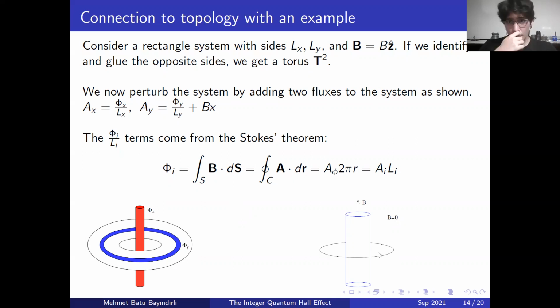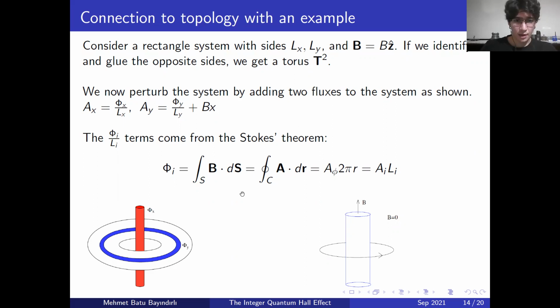So we can assume that our system is a torus. Maybe a bit unphysical, but this is a good way to demonstrate the theorem or the relation to the topology. Okay, so here is our torus, and we introduce two fluxes to the system, this tube and this tube here.